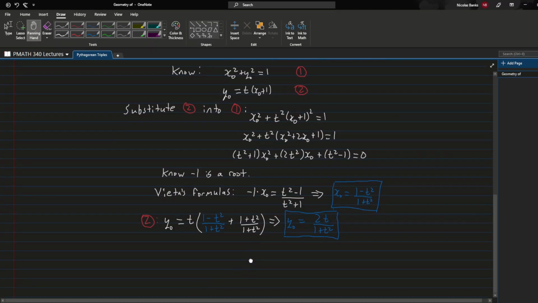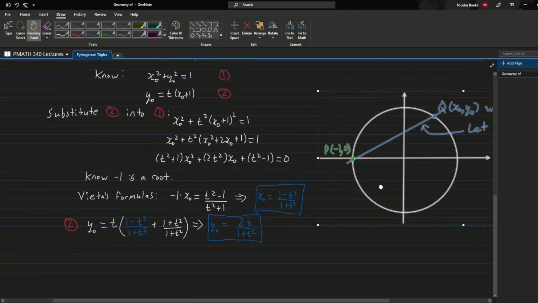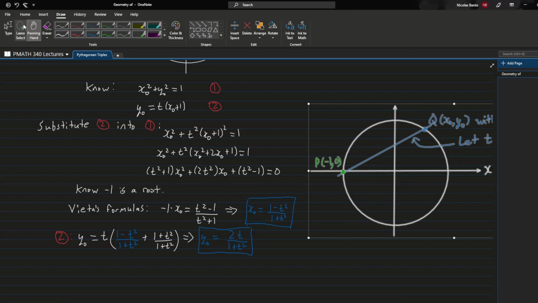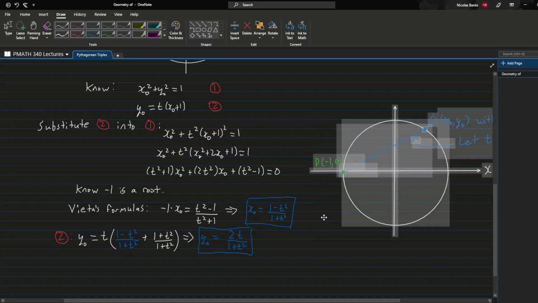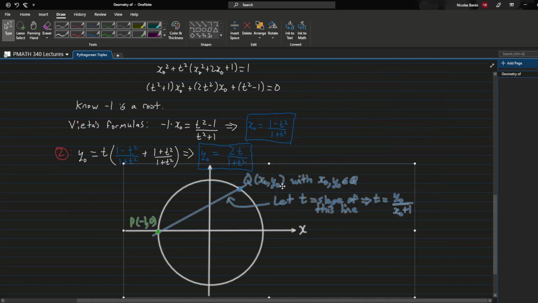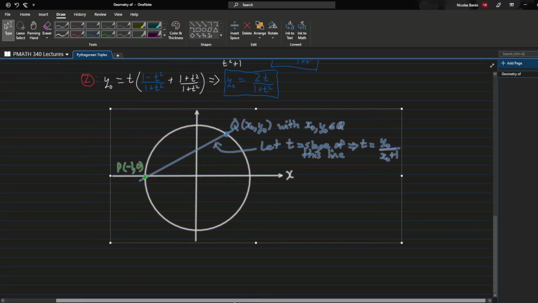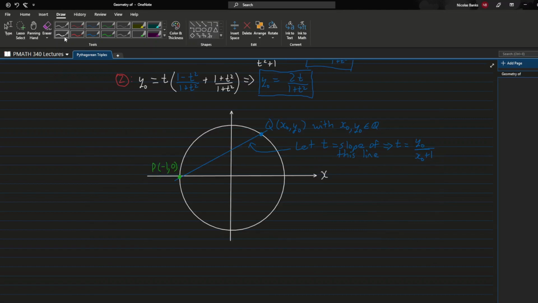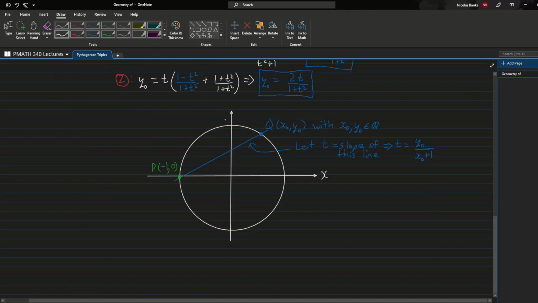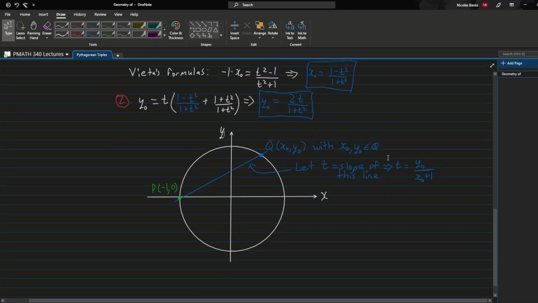Let's paste that down here. There. Okay, so t was the slope of this blue line connecting the green and blue point on the circle there.